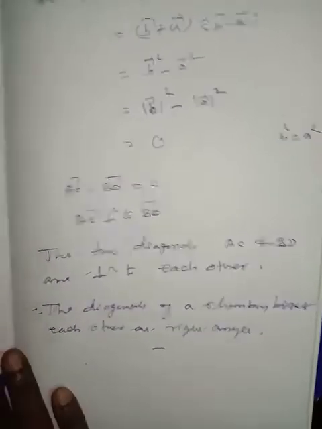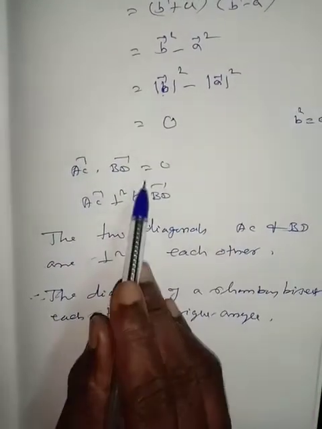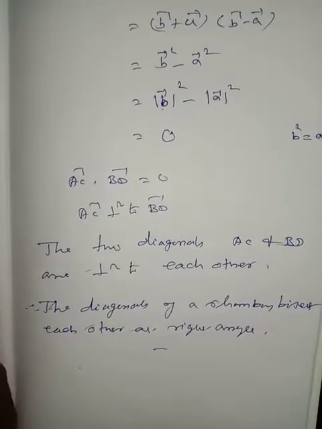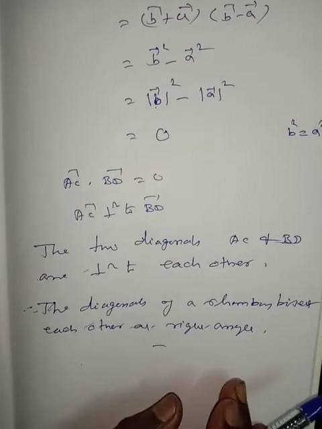Another way also, we have to take the midpoint of the diagonal AC and midpoint of diagonal BD. These two are equal.